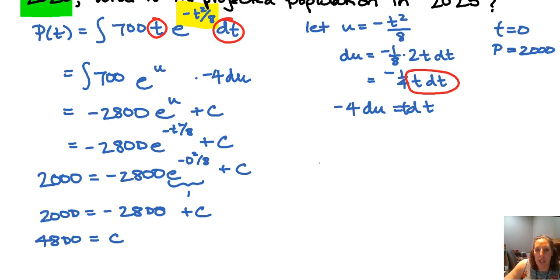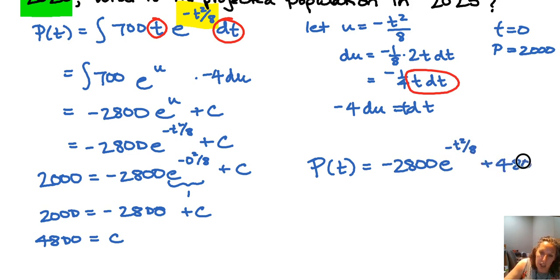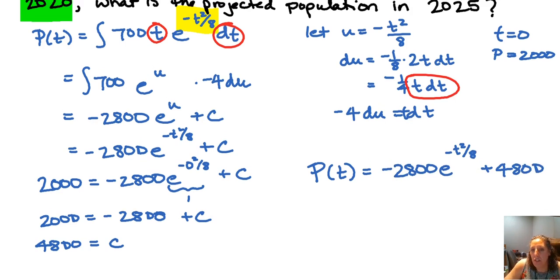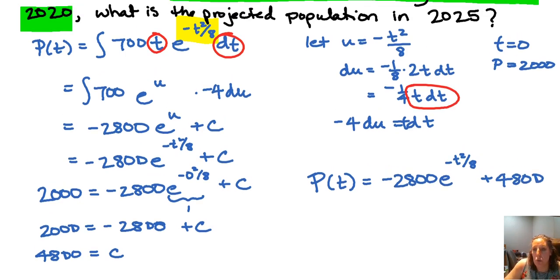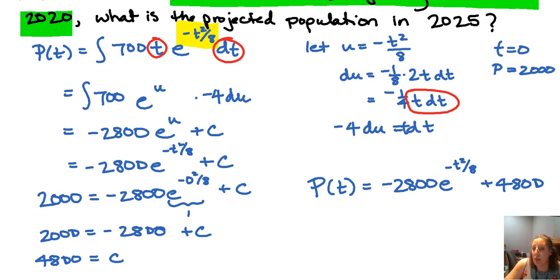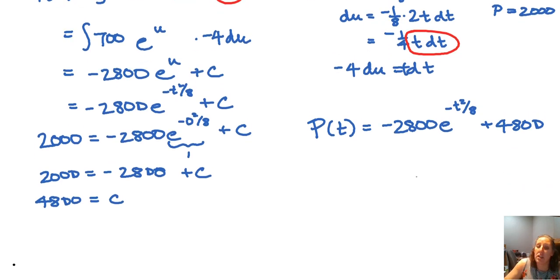And so our population function, p of t, is going to be negative 2,800 e to the negative t squared over 8 plus our constant, 4,800. And then now we can use that to find our projected population in the year 2025, which is going to be when t is equal to 5.